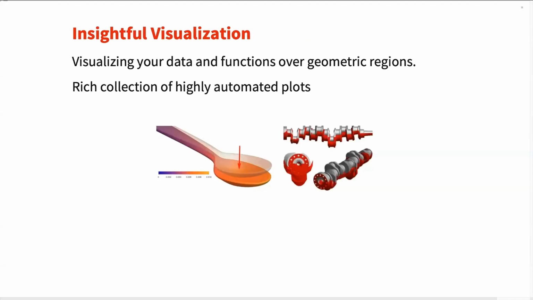With these high-quality graphics, you can visualize over geometric regions and gain immediate insight about your data and functions. This is fully integrated in our rich collection of highly automated plots. For example, you can show temperature, stress, fluid flow, and computed properties directly on your models.